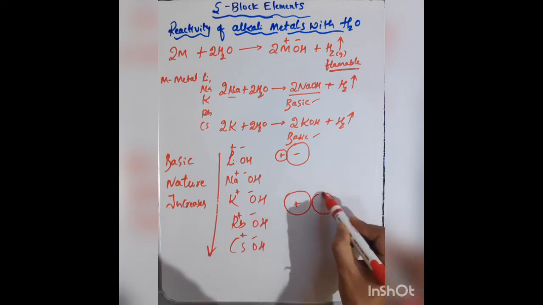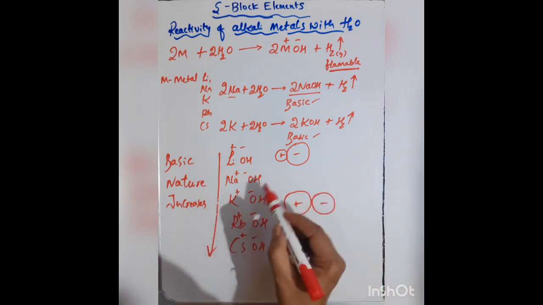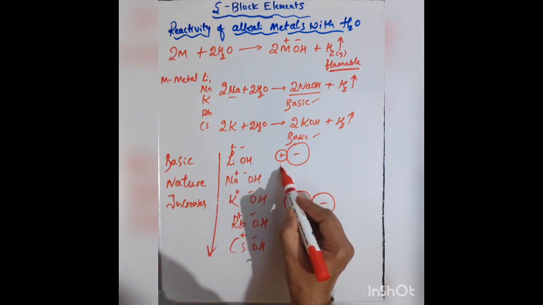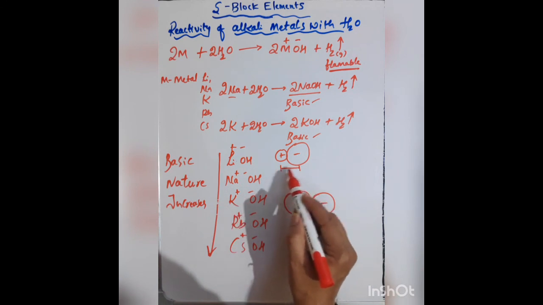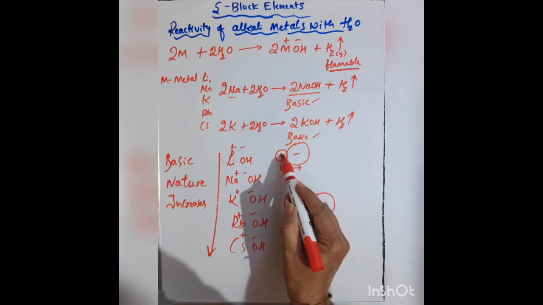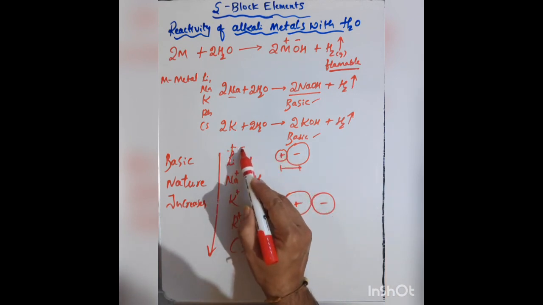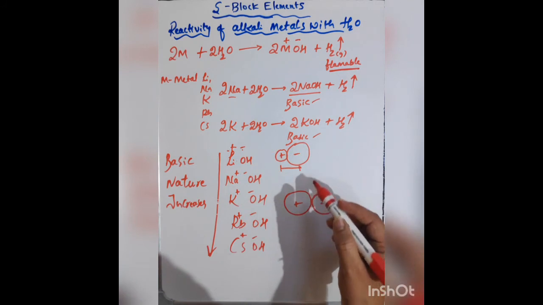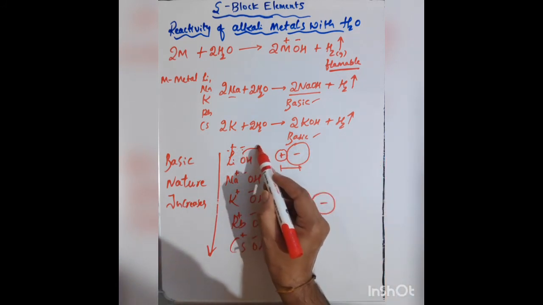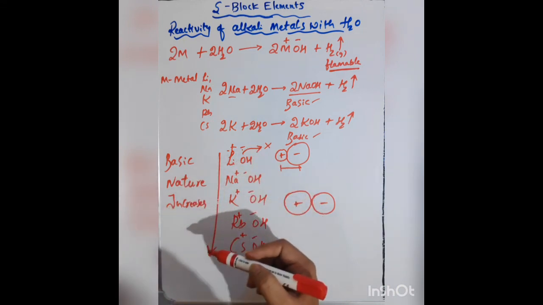and OH. Here we can see that in lithium hydroxide, the distance between the plus and the minus is very small. Because of the small distance, the attraction between lithium plus and OH minus will be more. If attraction is more, OH minus will not be given easily.